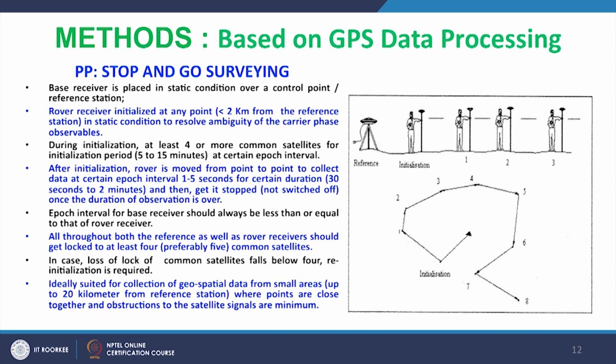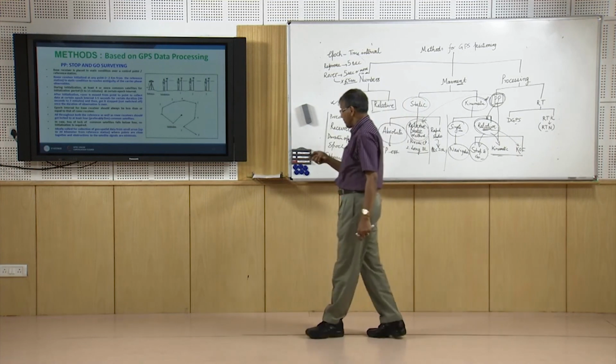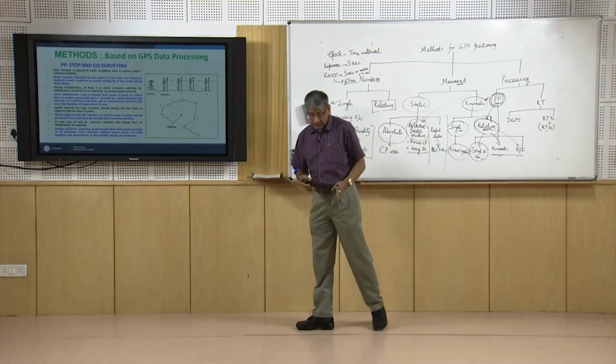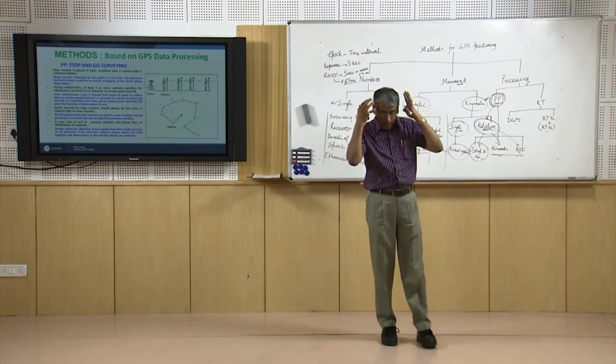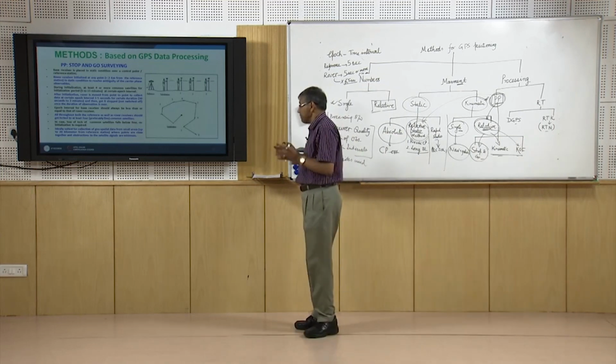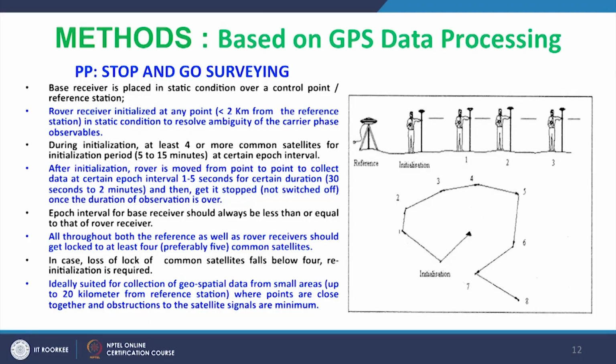Then for a few minutes, maybe 5 to 15 minutes depending upon the nature of the project, they should take signals from at least 5 identical satellites. This process is known as initialization.